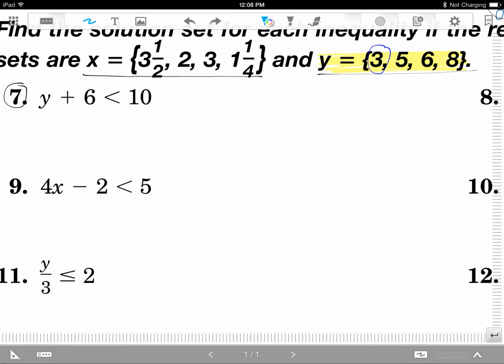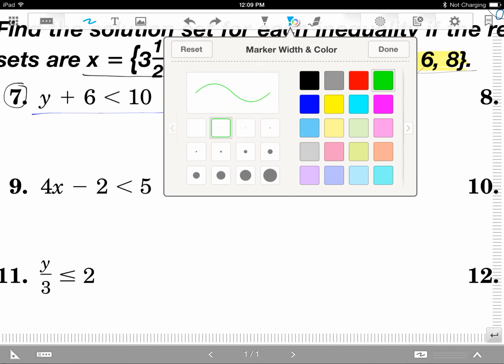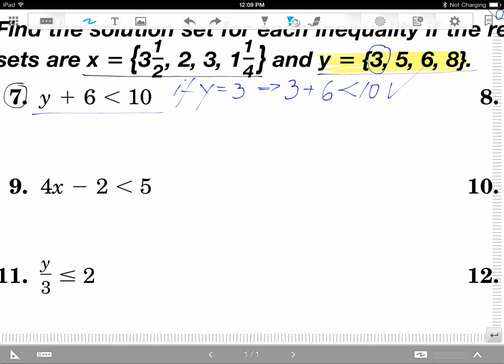And you will say y equals 3. Then your expression will be y plus 6, which is actually 3 plus 6, less than 10. Well, 3 plus 6 is 9, which is less than 10. This is true. So what you can say now is that indeed 3 is part of my solution set.